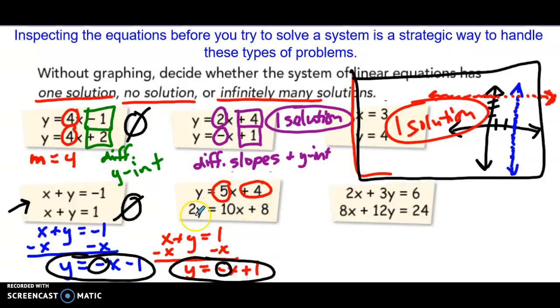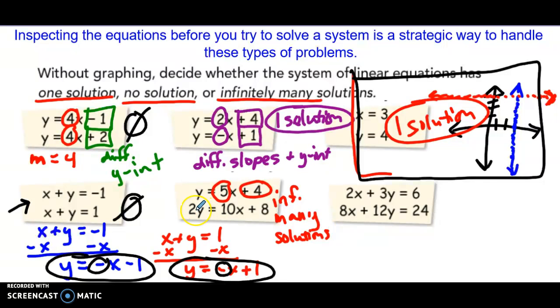If I double y, I get 2y. If I double 5x, I get 10x. If I double 4, I get 8. That means that these equations are the exact same line. So this would be an example of infinitely many solutions.